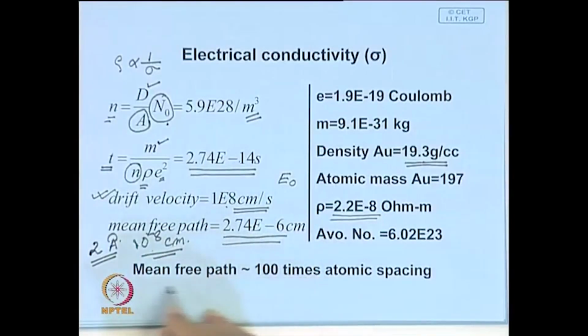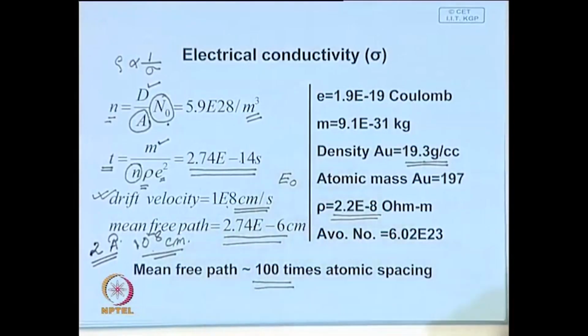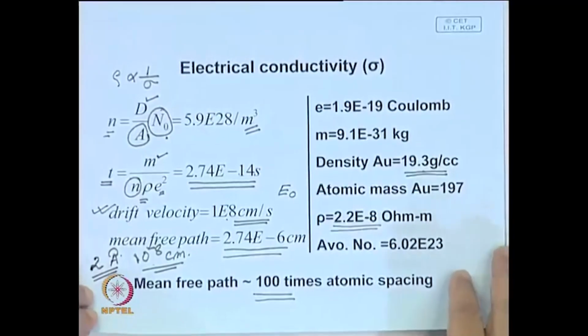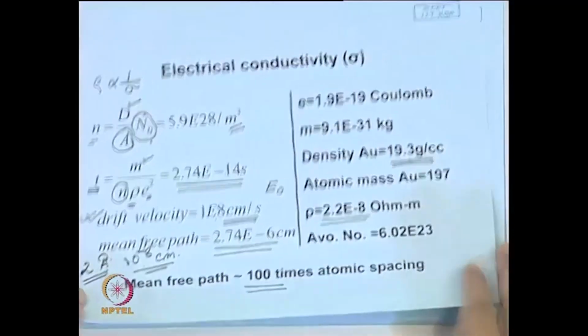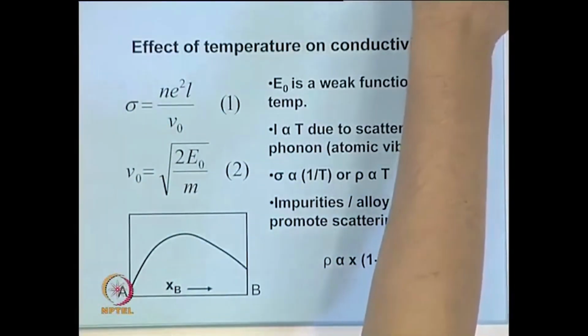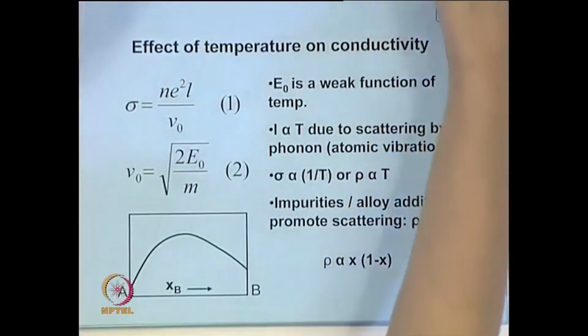You can say that the mean free path of this electron is around 100 times the atomic spacing. Therefore, metals are good conductors, whereas in covalent bonds you do not have free electrons, so they are insulators.